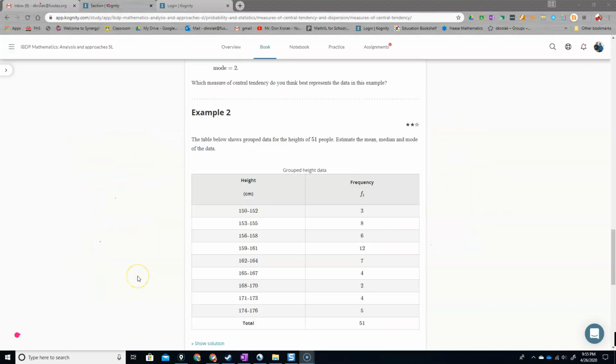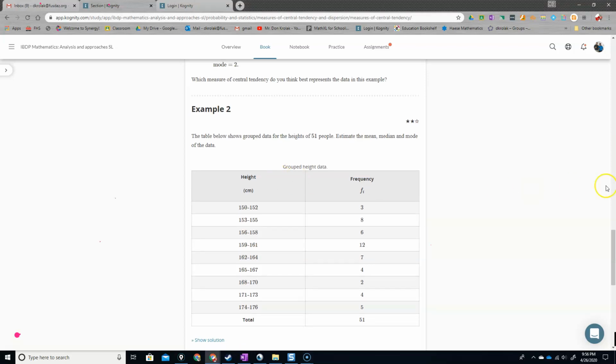Now the question is the same type of question, but now we're given classes or intervals instead. Well, what you do is you treat it just like the previous problem, and you use the mid-interval value of each one of these.